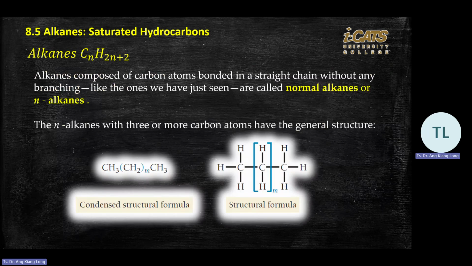With this, you can write it as CH3 bracket CH2, and in this case the small m for butane is 2. It's called n structure. So this is the number of the middle CH2. Yeah, so they are called n-alkanes.